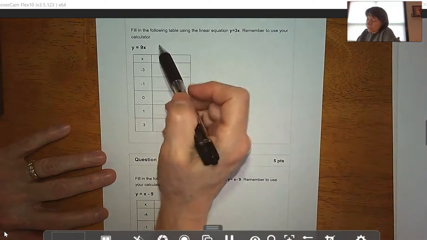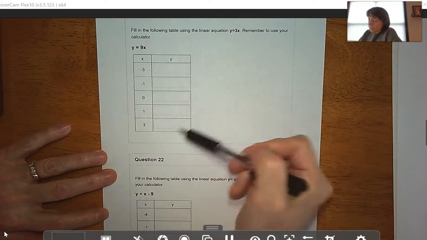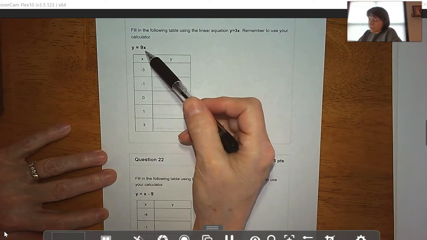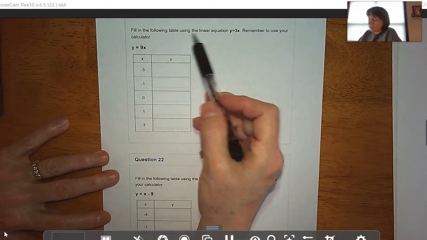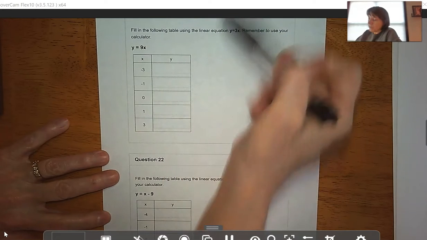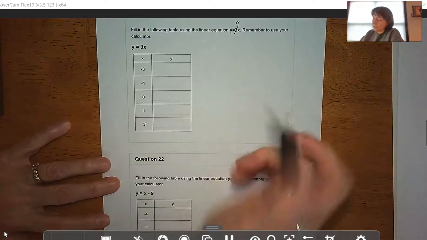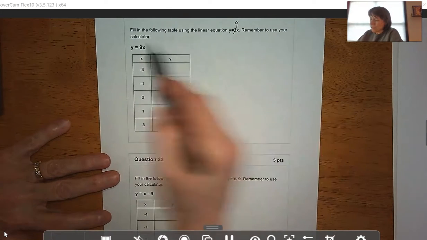All right, for question 21, you had to fill in the following table. In other words, we're looking for what y would equal if each one of these values in turn was substituted in for x. So fill in the following table using the linear equation y equals, that should actually say 9x. I will make that correction before you see this. So y equals 9x. Remember to use your calculator.